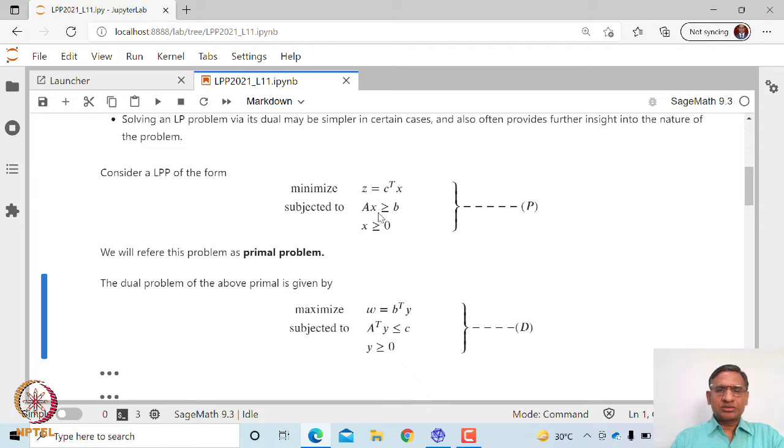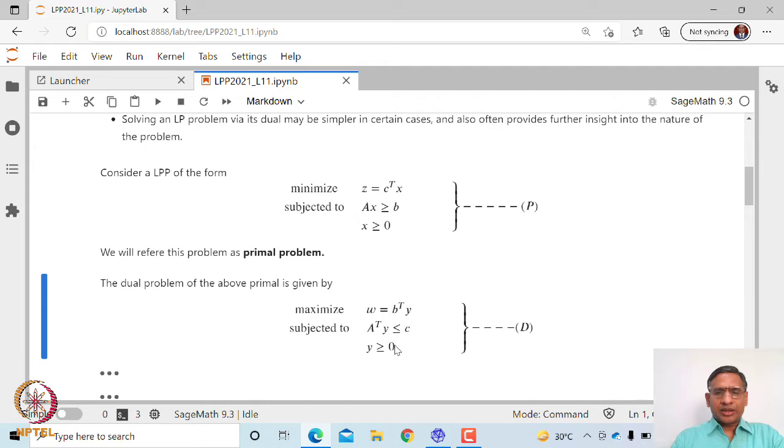If you notice the changes in the dual of the primal, there is a new variable, namely y. Suppose A is an m cross n matrix, then A transpose will be an n cross m matrix. Therefore y will have m variables, which is the number of constraints in the original problem, that is the primal problem P.